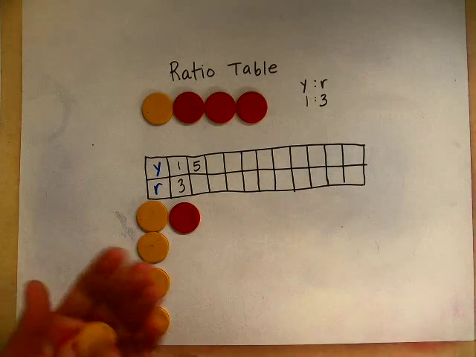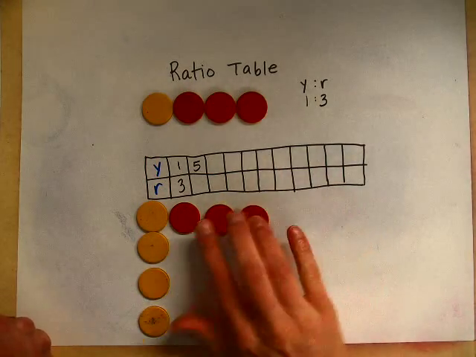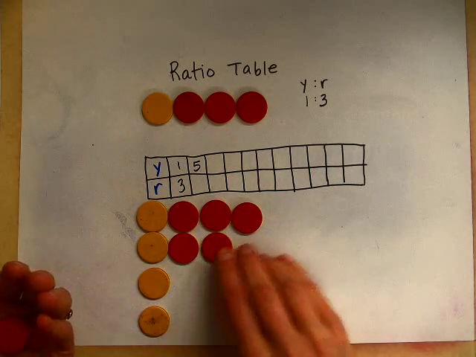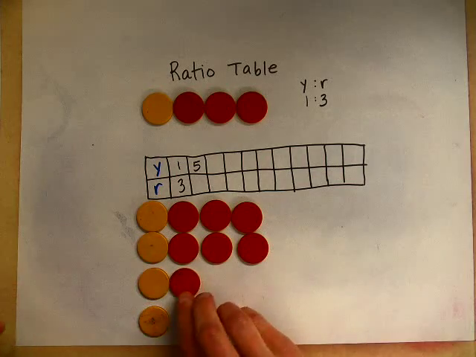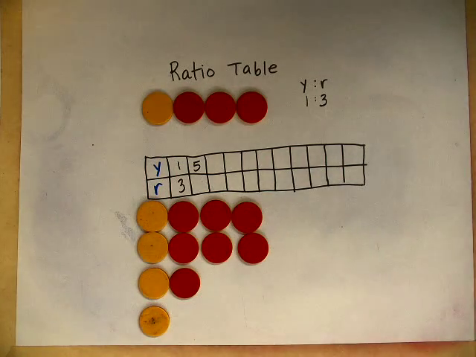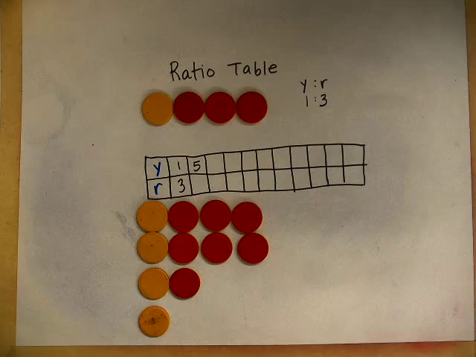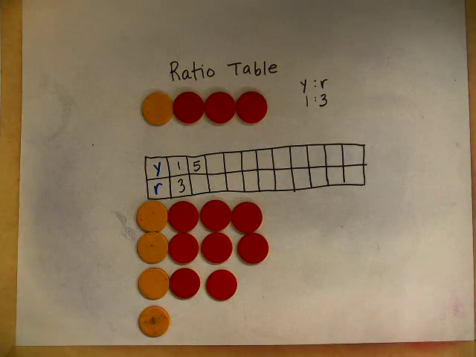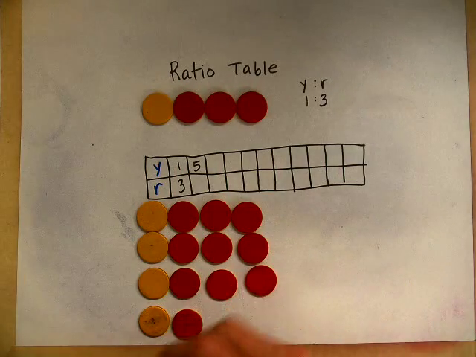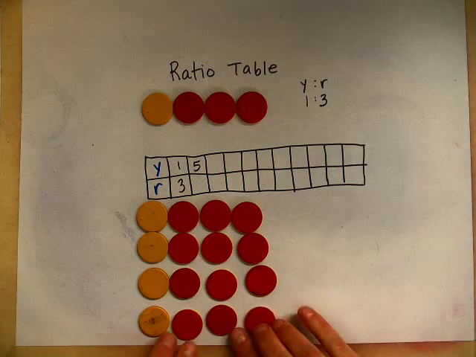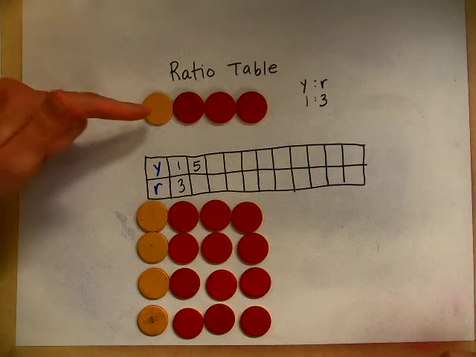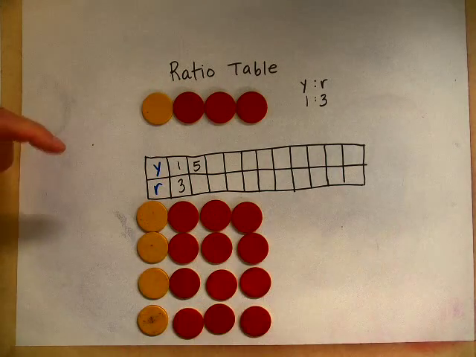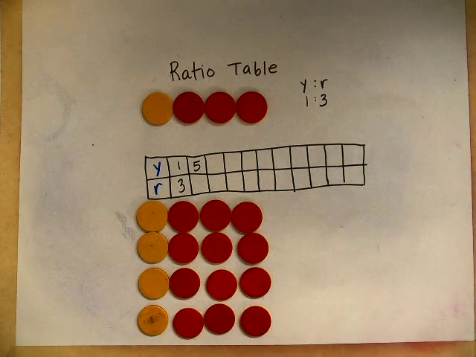We would have, see, I'm putting 3 for every 1. Grab some more real quick. Three to every 1. So we still have a 1 to 3 ratio, because for every 1 yellow there are 3 red throughout the whole thing.